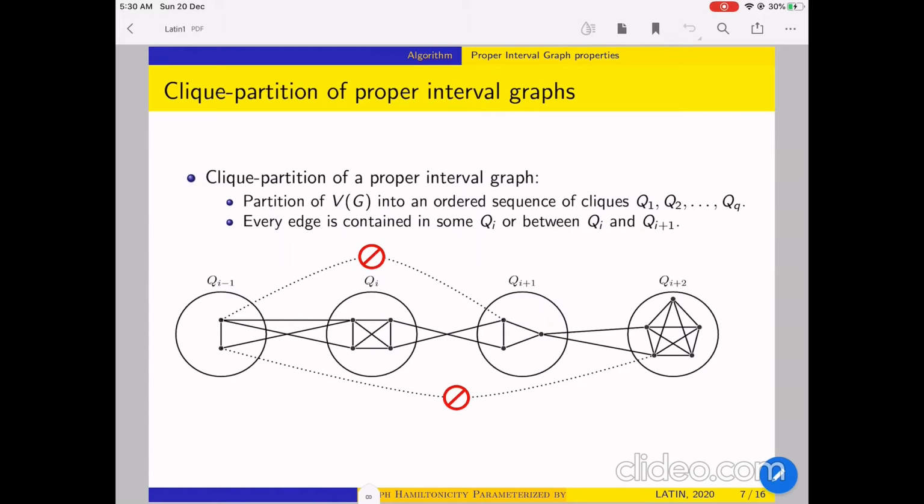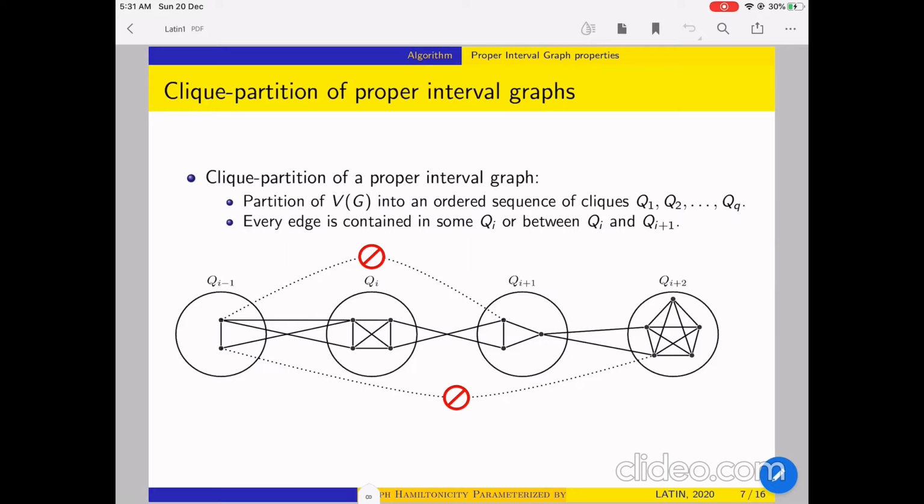A proper interval graph has this really nice property: we can partition its vertices into cliques and arrange them in a line. So it has this really nice path-like clique decomposition structure. Moreover, every edge in the proper interval graph is either completely contained inside a clique, or it is only present between two adjacent cliques.